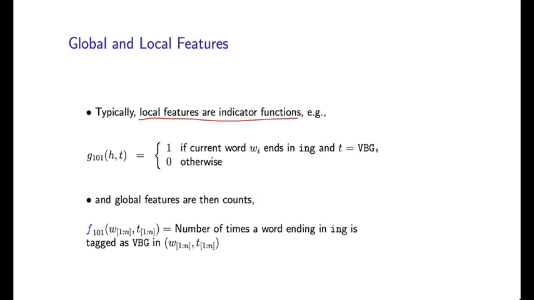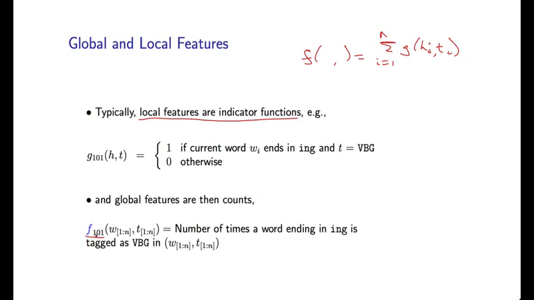What then happens is that these global features become counts because they are sums of these local features. So the 101th component of our global feature vector, remember we have f is equal to the sum from i equals 1 to n of g of h_i, t_i. So it's going to be a sum of these g features applied to every possible position in the tag sequence.